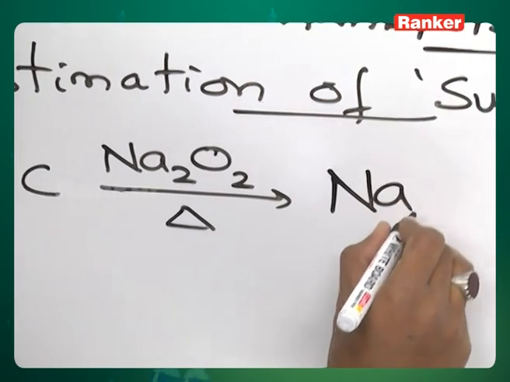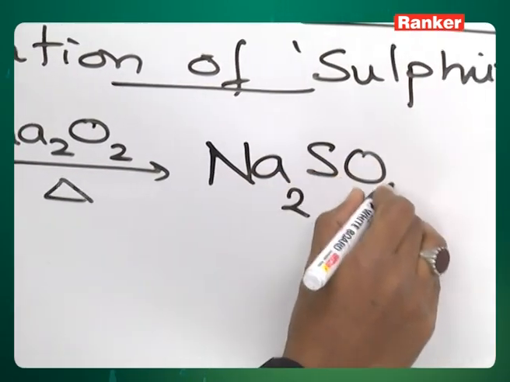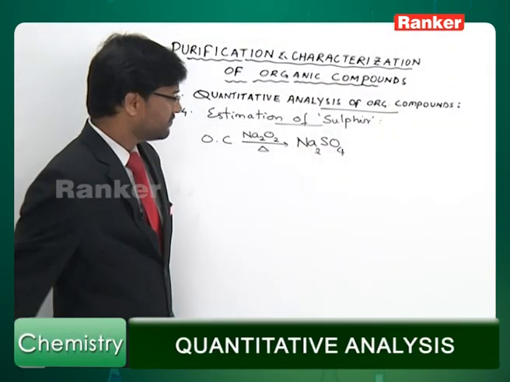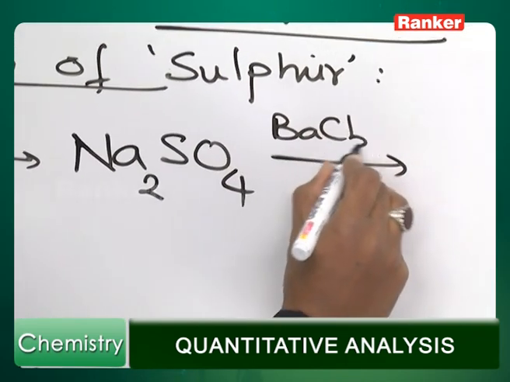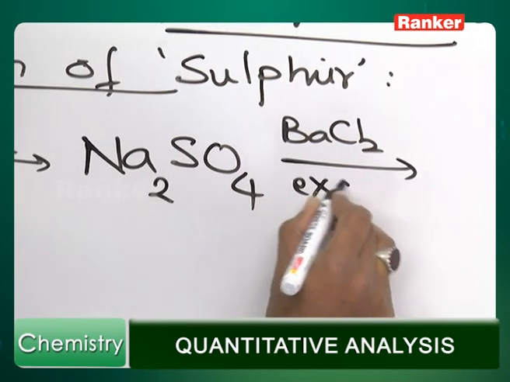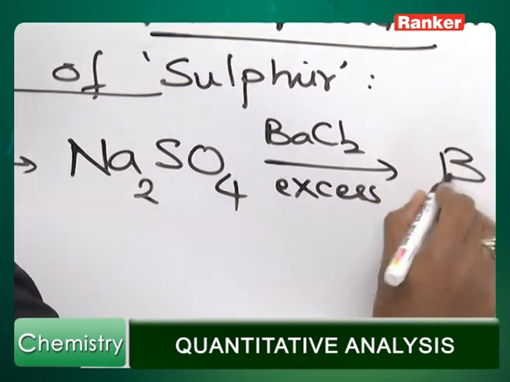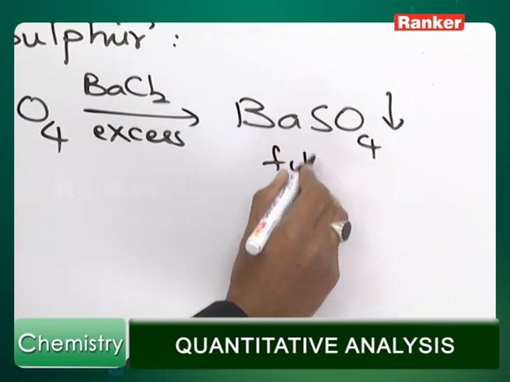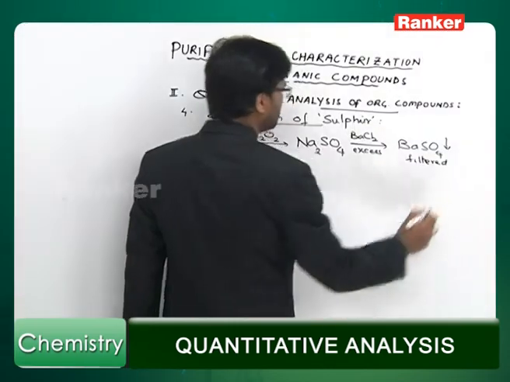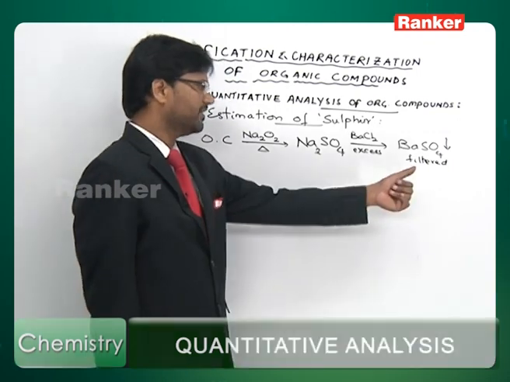All the sulfur present in the organic compound will become sulfate and appears as sodium sulfate. Then we add barium chloride in excess. Then you get a precipitate of BaSO4. It is filtered, washed, dried and weighed.